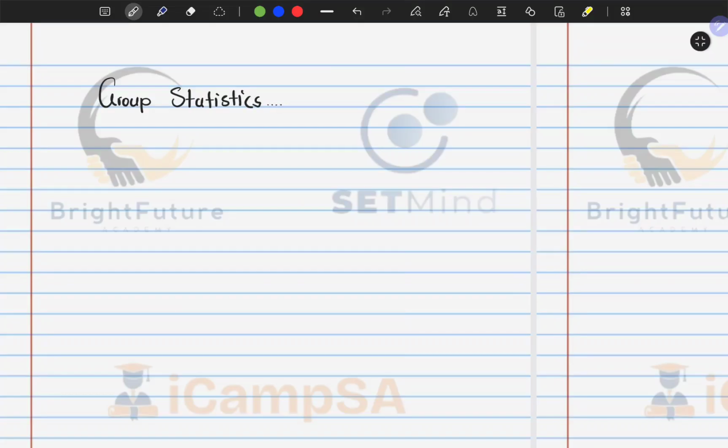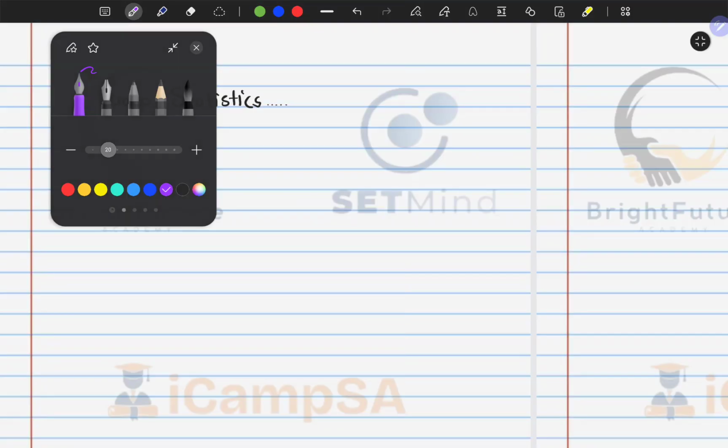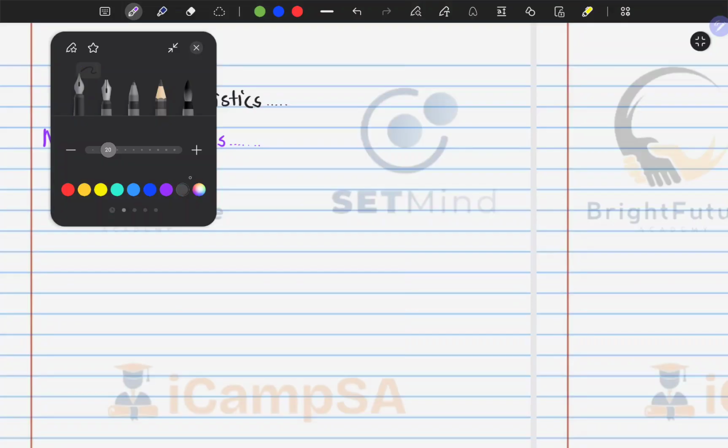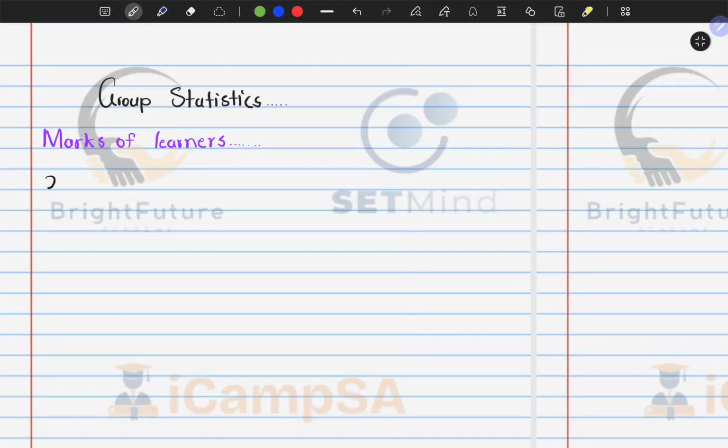statistics. So with group statistics, what you need to understand is you usually have a couple of data points that you are working with. So let's consider as an example the marks of learners in order for us to have an appreciation of this. So what we can have is we can put them randomly. So I'm going to have a learner who got 23, 26.